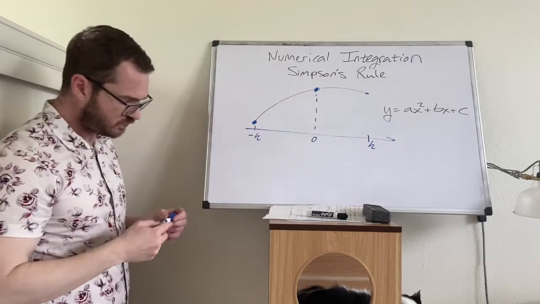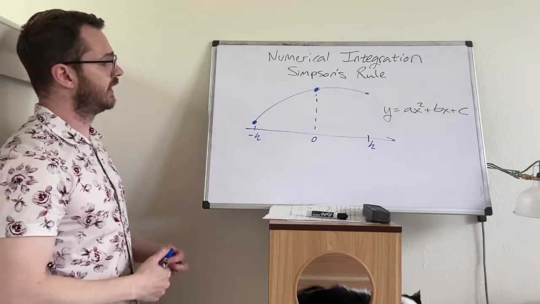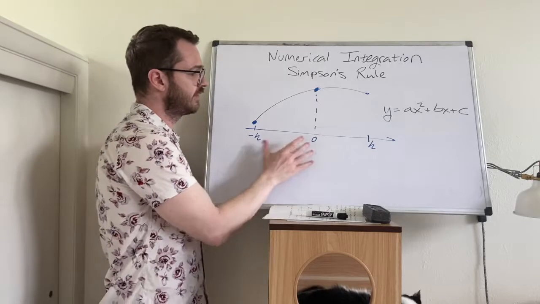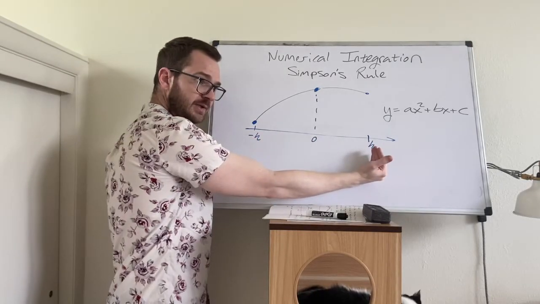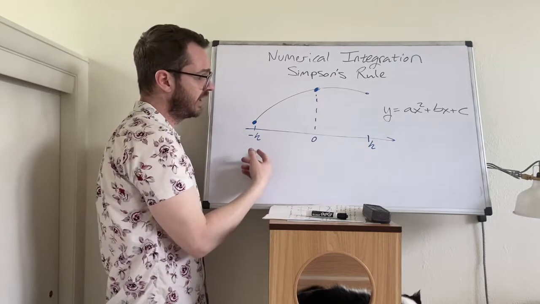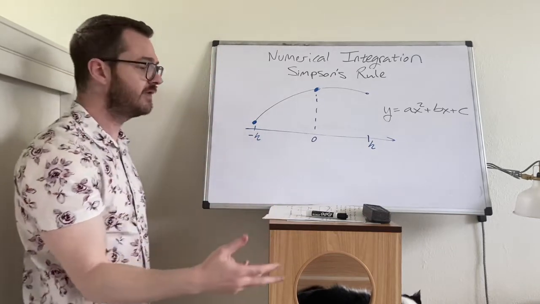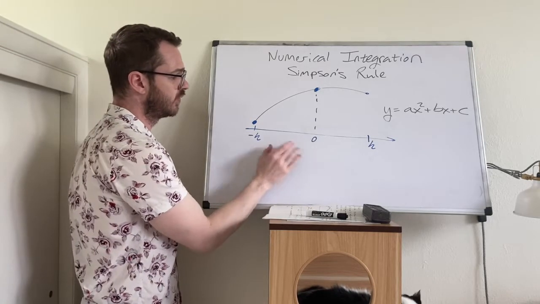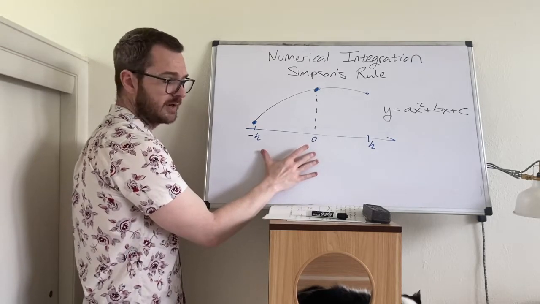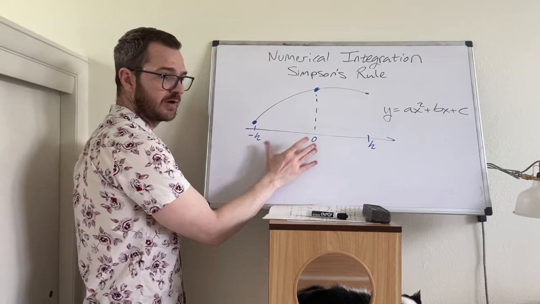Now, an interesting point, because we're finding the curve from negative h to h, understand the step size now is 2h, right? In the previous examples, rectangle and trapezoid, we found the area for 1h at a time. Now we're actually going to be finding the area for 2h.